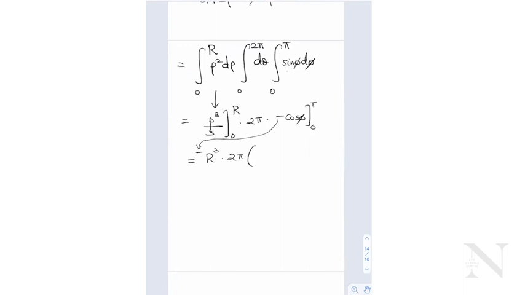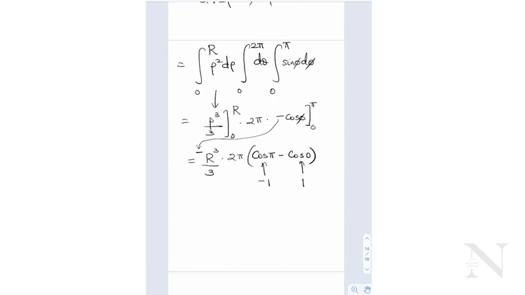Don't just erase a negative because you think the volume is going to be positive. You're like, oh, just somehow cheat. So the negative is still there. Now plug in the limits. It's going to be cosine of pi minus cosine of 0. Cosine of pi is -1. Cosine of 0 is 1. Cosine of 0 is 1, and then in the second quadrant, cosine is negative.